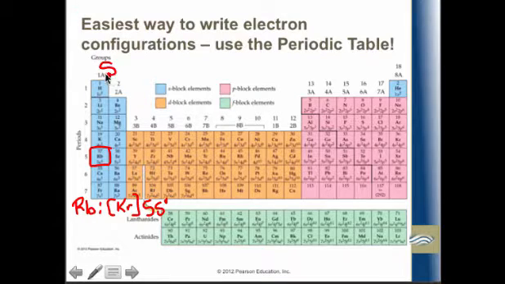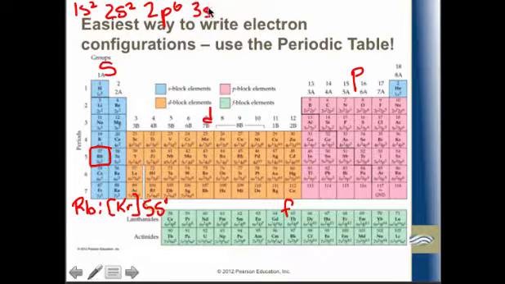So remember, this is the S zone, the P zone, the D zone, the F zone. Alright, starting with row 1, go across 1s2. 1 is full, drop down to row 2, 2s2, 2p6, drop down to row 3, 3s2, 3p6.